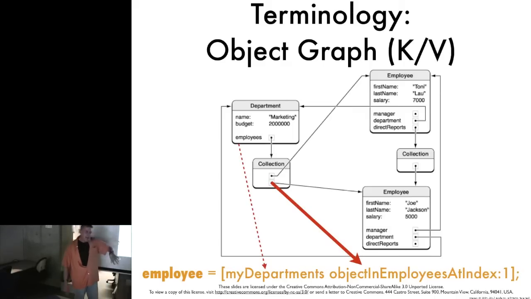It's like reaching into a regular collection, except you'll notice here that instead of objectAtIndex, we've got objectInEmployeesAtIndex. So you can start to see how your methods can now encompass a way that you can reference other entities that are within that collection. So we have objectInEmployeesAtIndex 1. Here's our department. Here's our employees. We want person number 1.